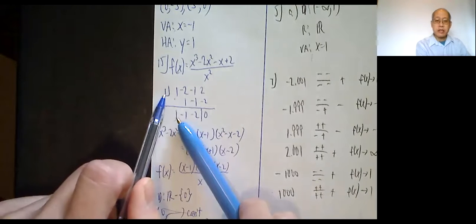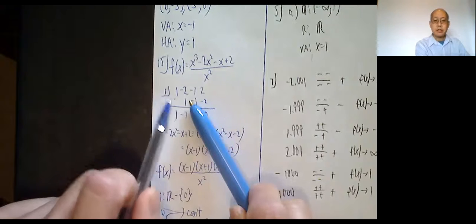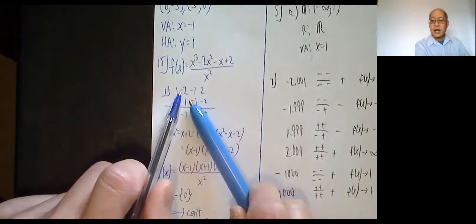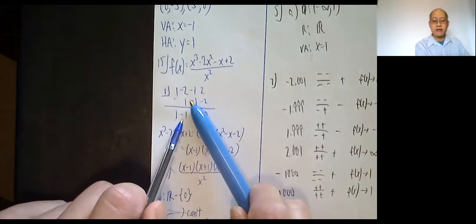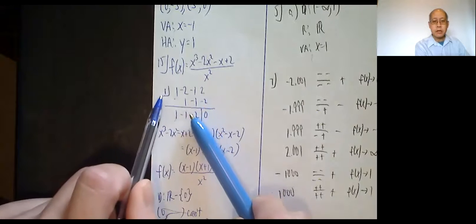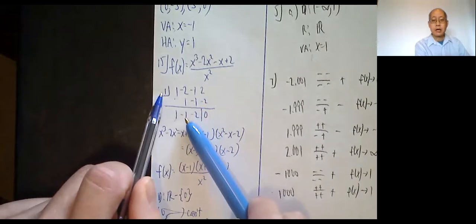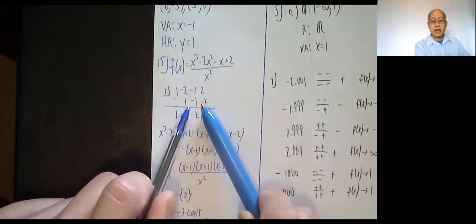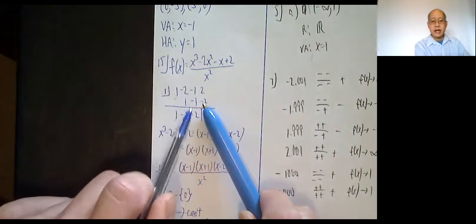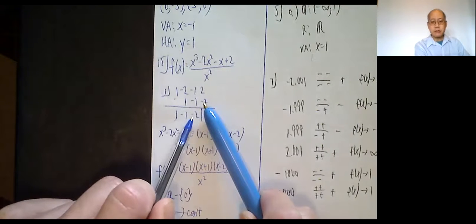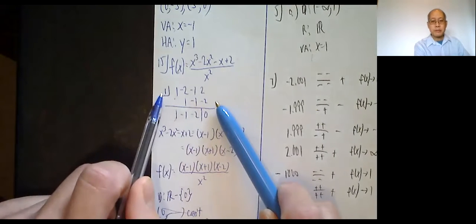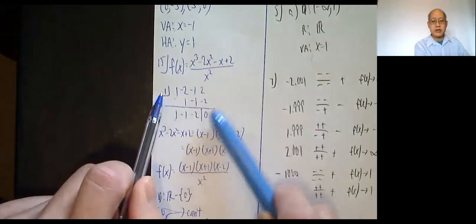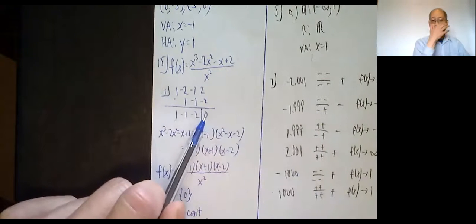Multiply, 1 times 1, 1. Add, negative 2 plus 1 is negative 1. Multiply, 1 times negative 1, negative 1. Add, negative 1 and negative 1 make negative 2. Multiply, 1 times negative 2 is negative 2. Add, 0.